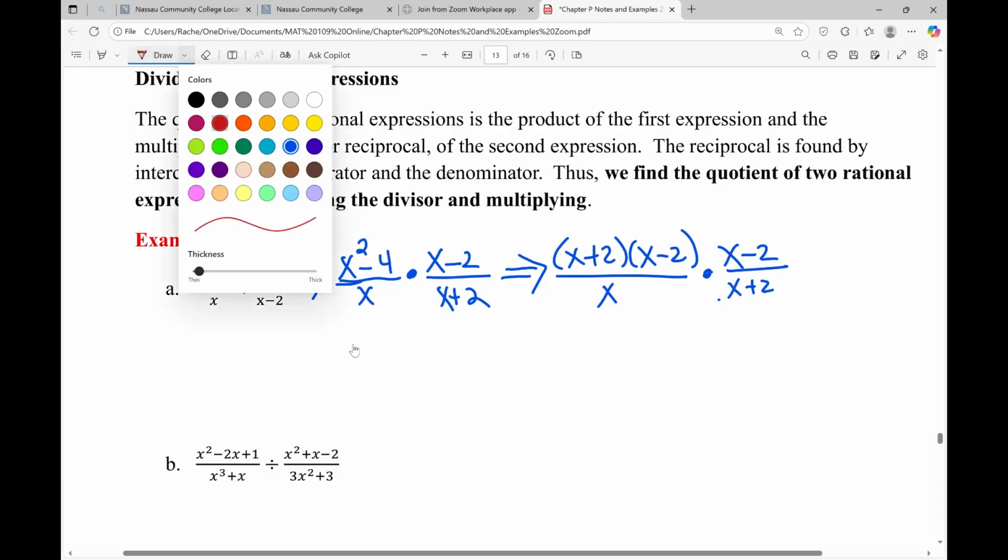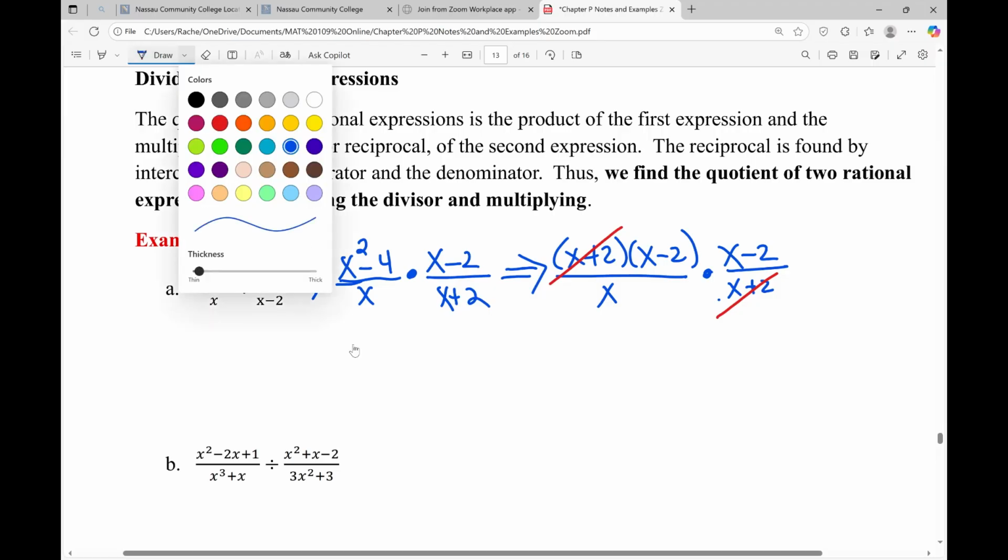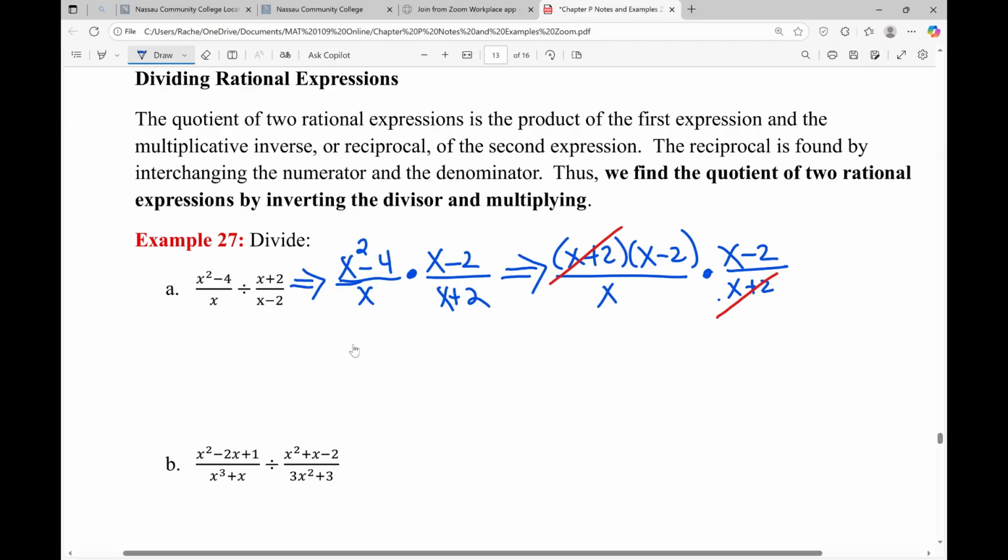Let's go through and reduce by any common factor. I see I have an x plus 2 in the numerator and the denominator. And that's about it. You see how I have another x minus 2 and another x minus 2, but they're both in the numerator, so they don't reduce like that. One has to be in the numerator, one in the denominator.